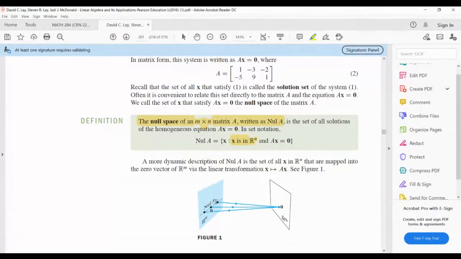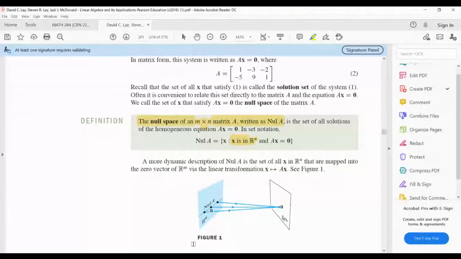The null space of A is a subspace of the n-dimensional space Rn, and that little line just means it's a subspace of Rn.